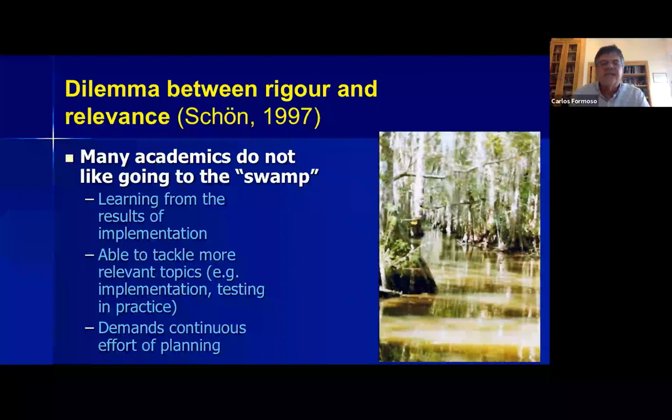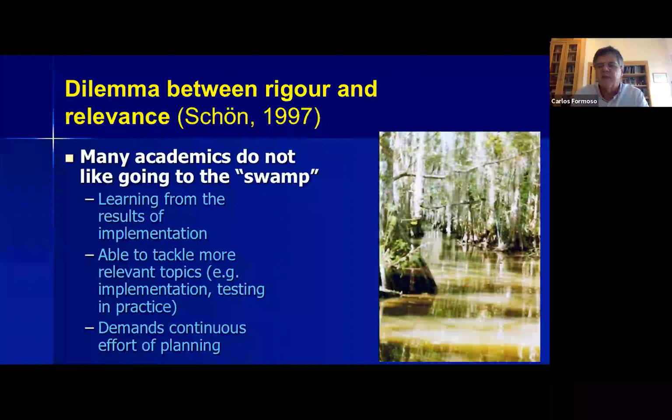He or she gets dirty, but the researcher can actually learn from the experience of implementing something, being an insider in the company, in the construction site, and so on. Actually, Donald Schoen doesn't talk about design science research in that paper. This is an adaptation of the metaphors he used, but I think it's very much applicable for design science research.